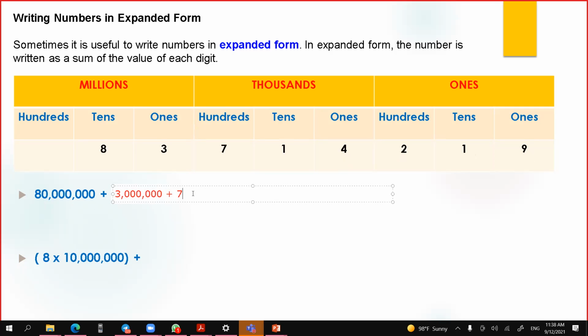How many zeros? Bravo. You have to add 5, then every 3. Bravo. Then, bravo, 4 zeros. And then you plus.